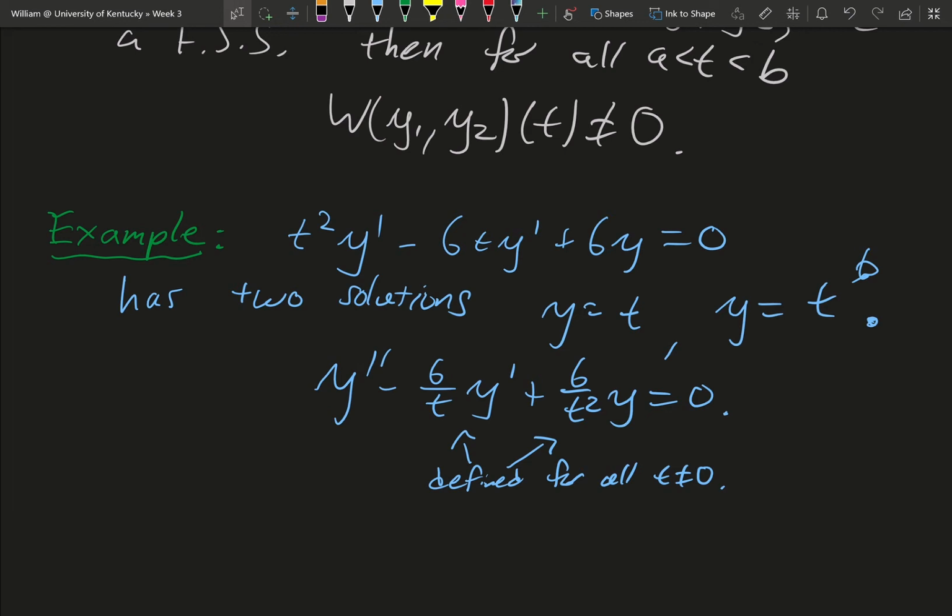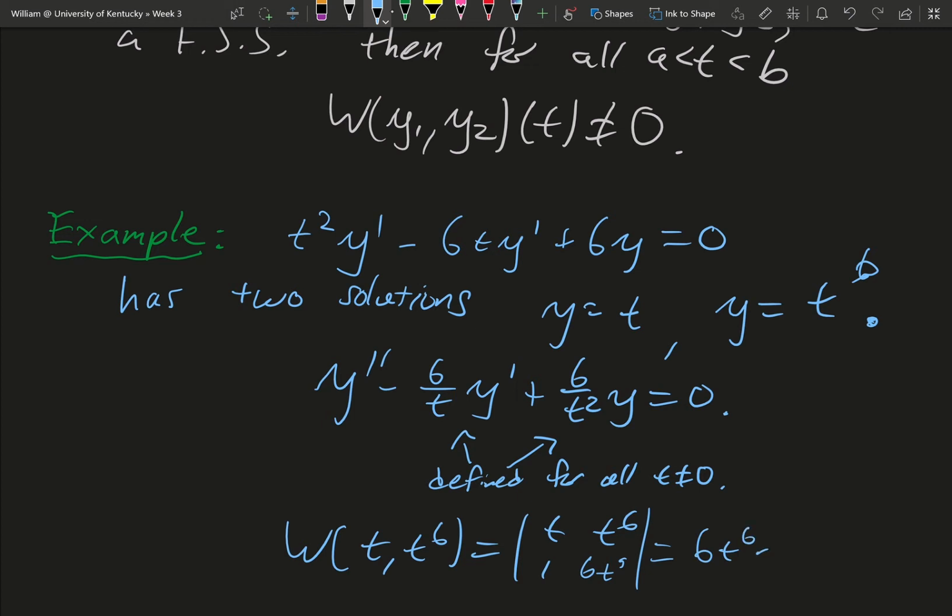We then have, if we compute the Wronskian of t and t to the 6th, we get 5t to the 6th.